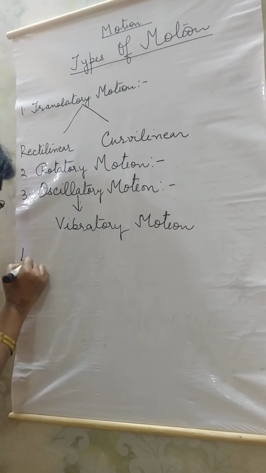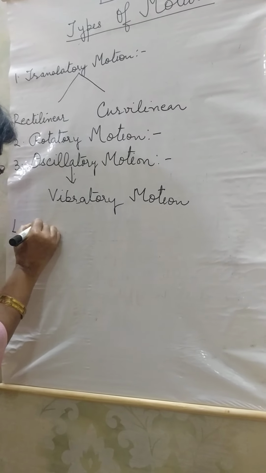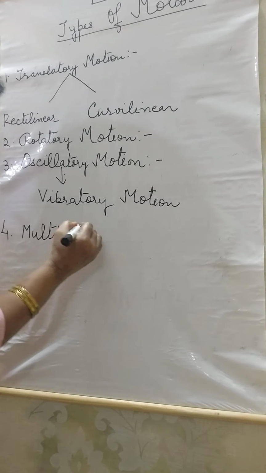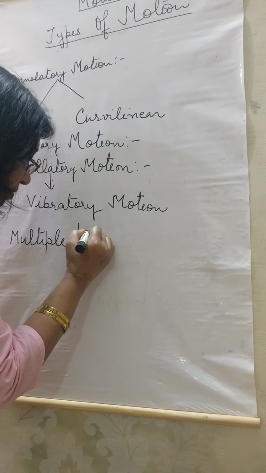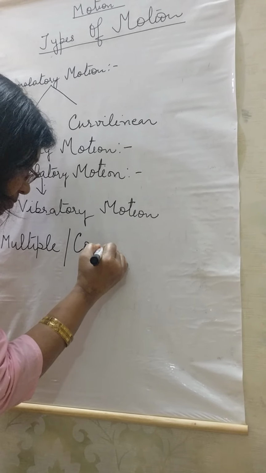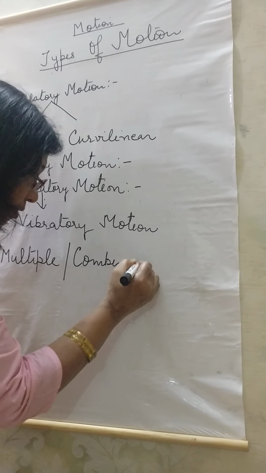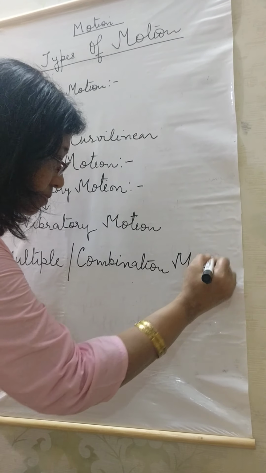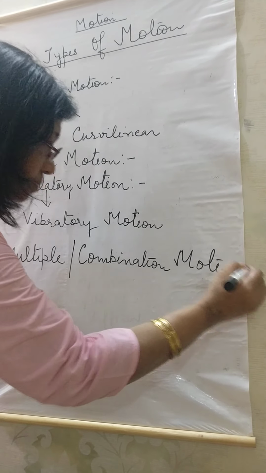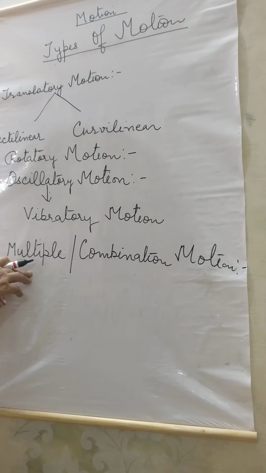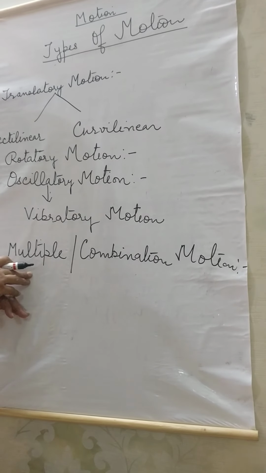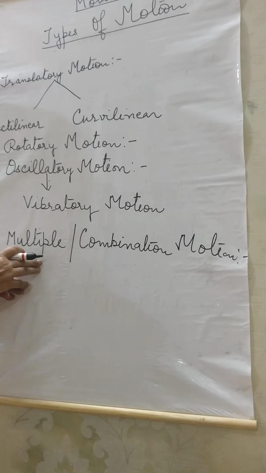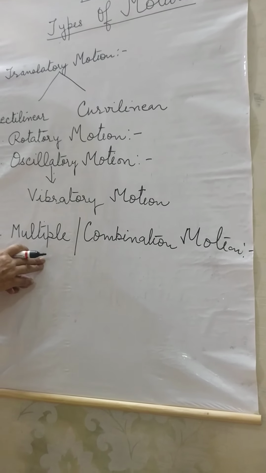Then comes multiple motion, or you also call it combination motion. This means that an object is possessing two or more motions simultaneously at the same time.